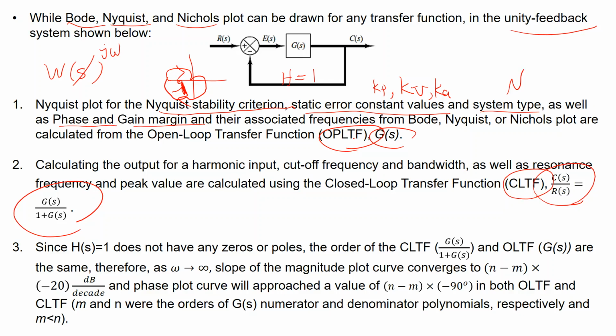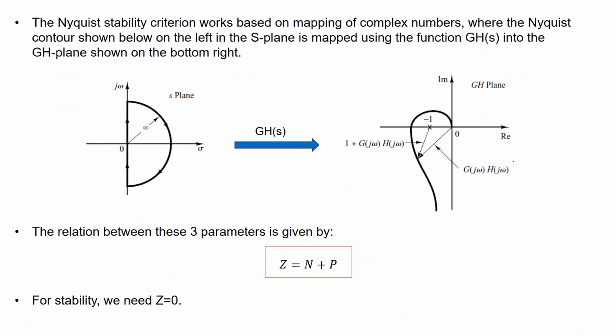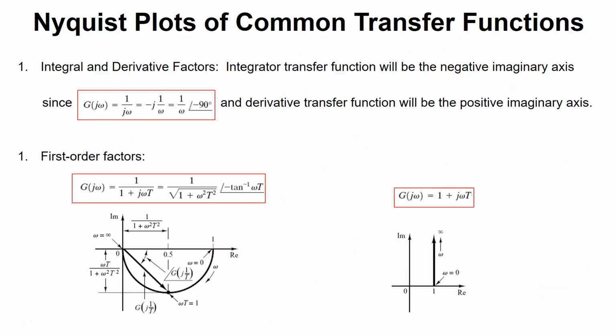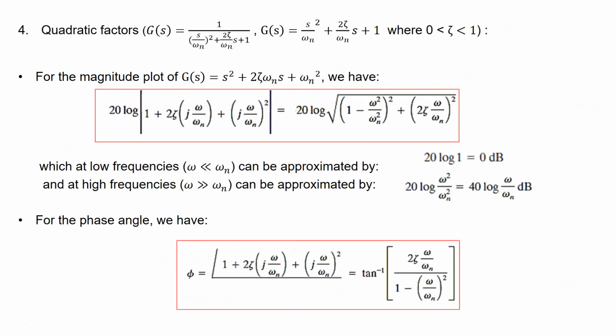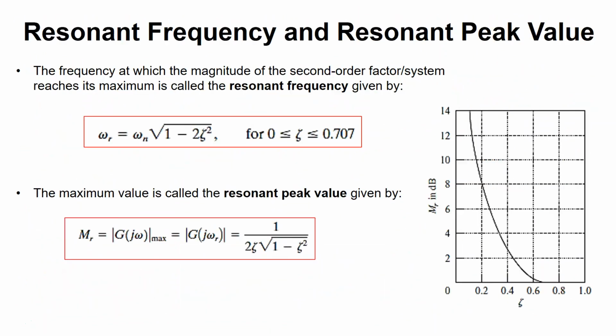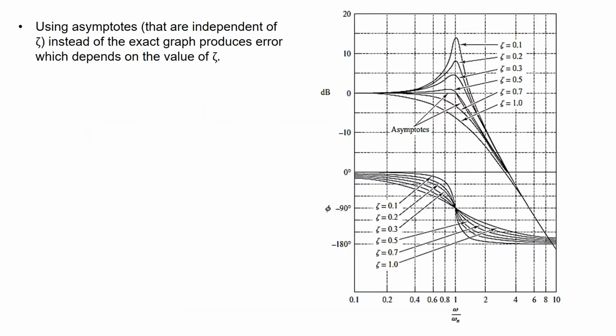One of them was the resonance frequency and the peak value, which were here. So when you plot, let me show you in a Bode plot.